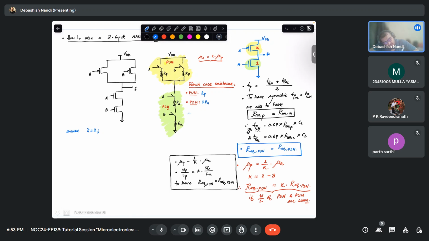So now can you tell me, to have R equivalent of pull up network equal to R equivalent of pull down network, this is our condition, right? Which we want to meet for symmetric delay. So what should be my value of Rn?